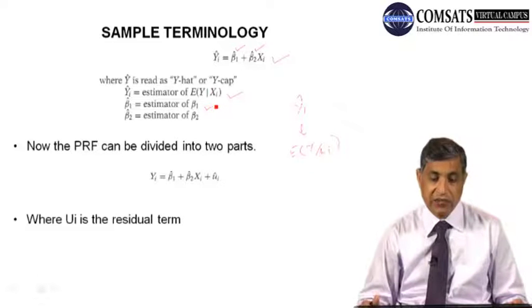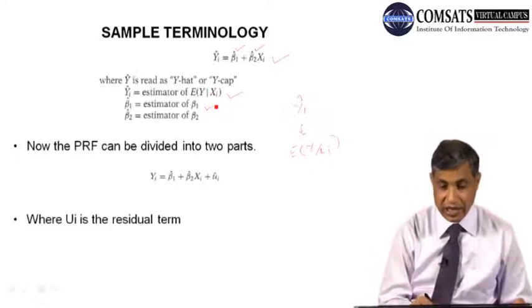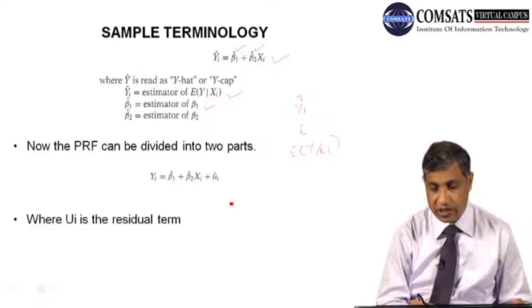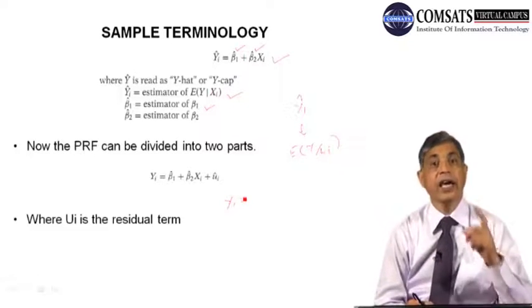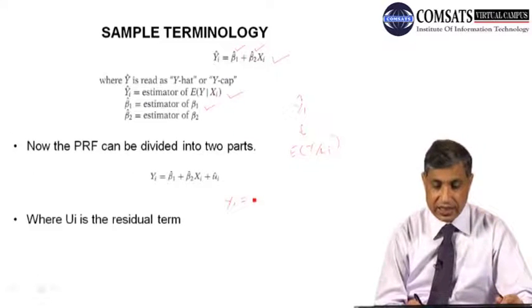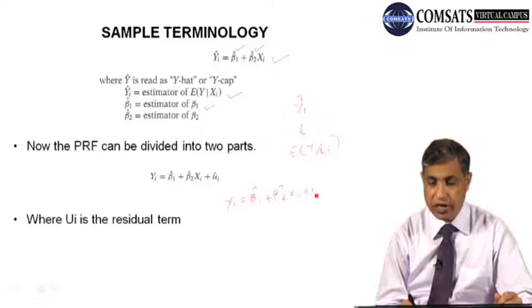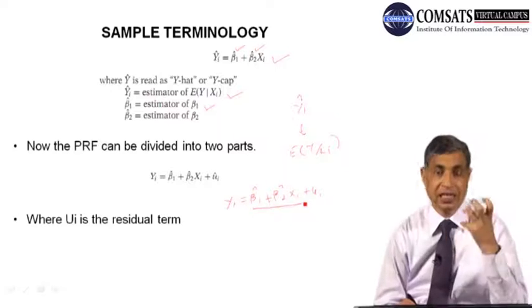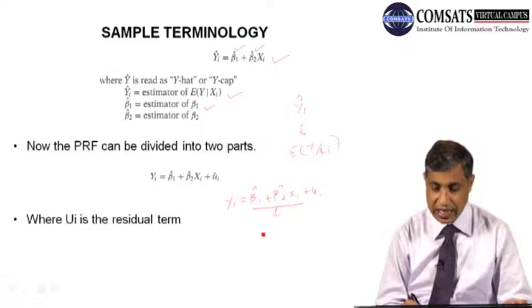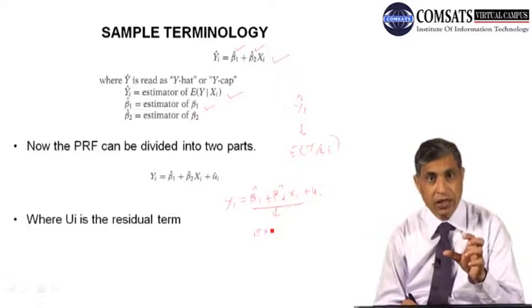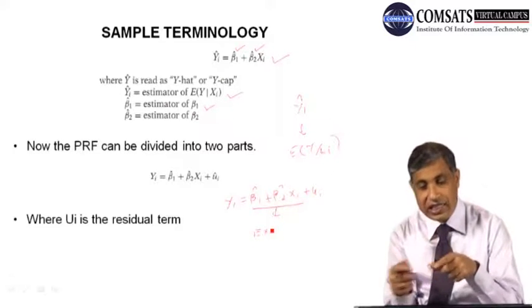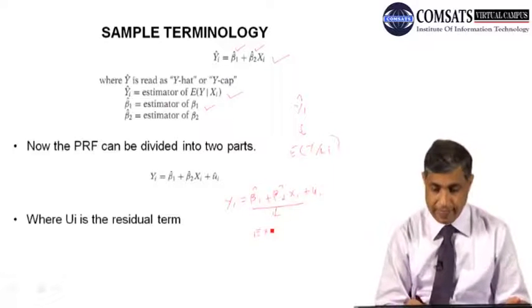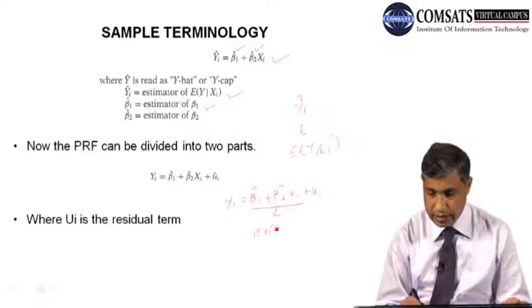Beta 2 hat, similarly, is now representative of beta 2. Now the regression function can be divided into two parts. Again coming back to the regression function, if you look at this, this is yi, any of the y values, and what is this? This is beta 1 hat plus beta 2 hat xi plus ui. What this means is that this area is the explained area. You have estimated the value. Y is something; out of y, this area that I have underlined is explained.